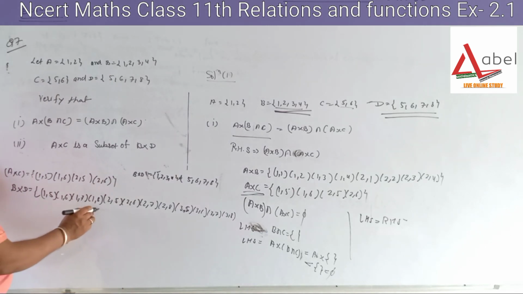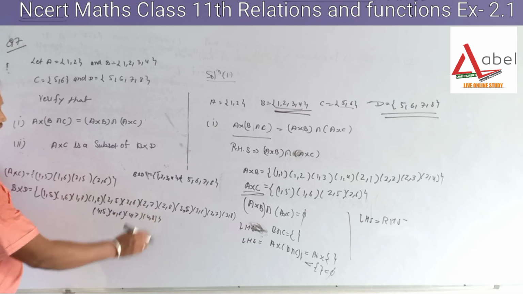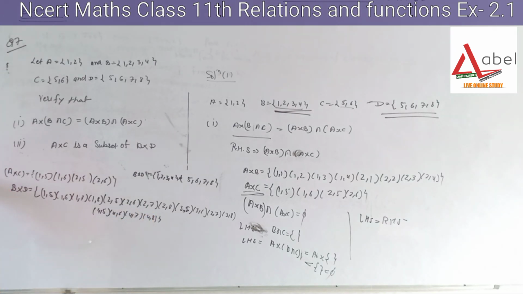Now (4,5), (4,6), (4,7), (4,8). So it is completed, and A cross C is (1,5), (1,6), (2,5), (2,6).